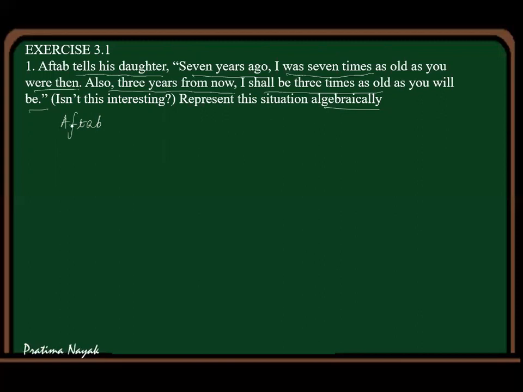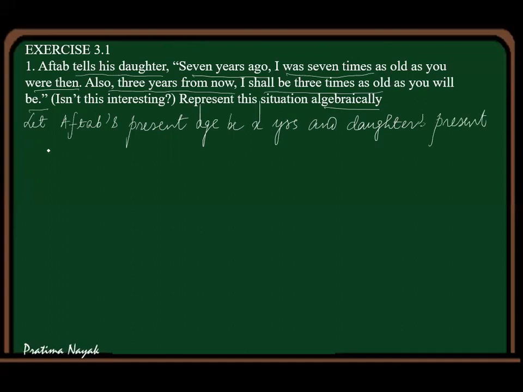So I'll write, let Aptak's present age be x years and daughter's present age be y years.